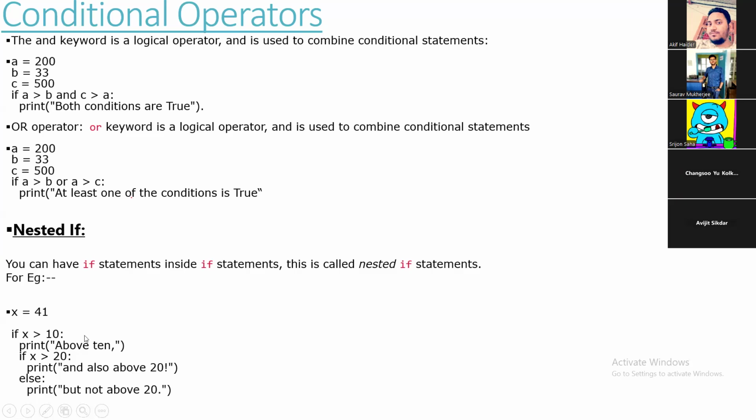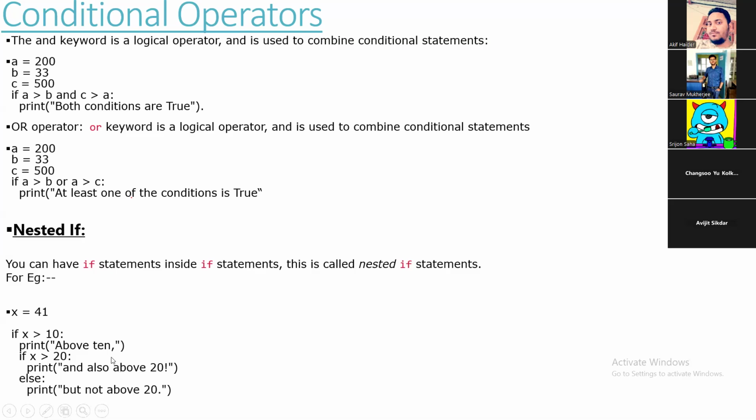Else, suppose instead of 41, the value is 15. Then x greater than 10 is true, x greater than 20 is not true. Okay, suppose better, not above 20. Not above 20 means, in the else statement, this is probably wrongly written, because print but not above 20.